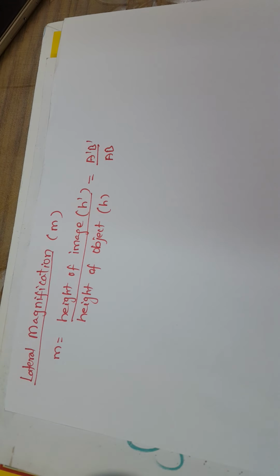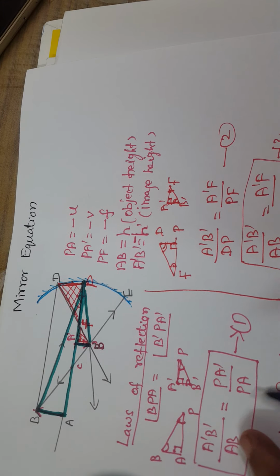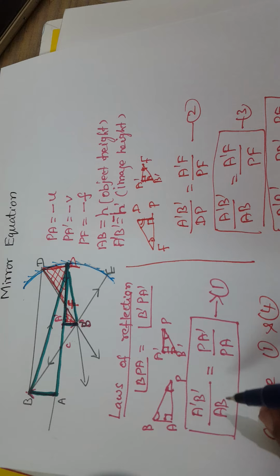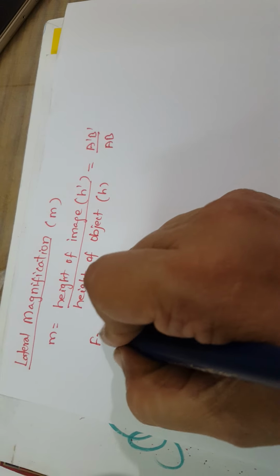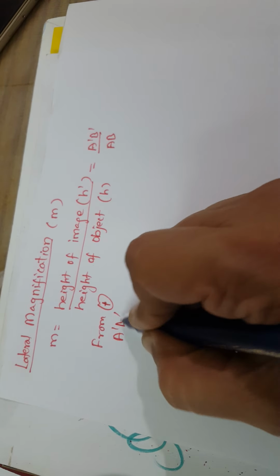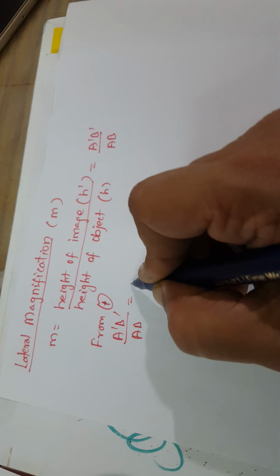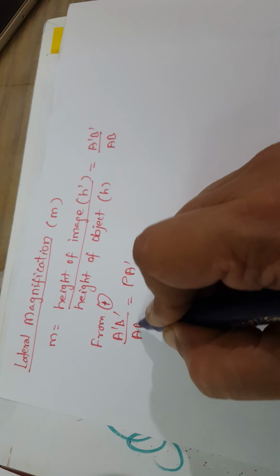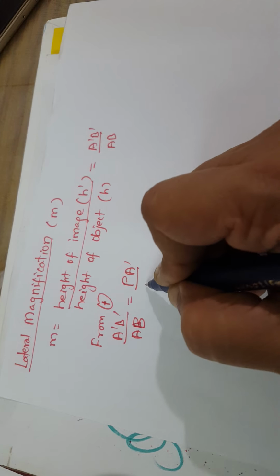So from equation 1, you know what equation 1 is? Equation 1 is A dash B dash by AB is PA dash by PA, right? So I will copy down this equation 1 here. From equation 1, A dash B dash by AB is equal to PA dash by PA.